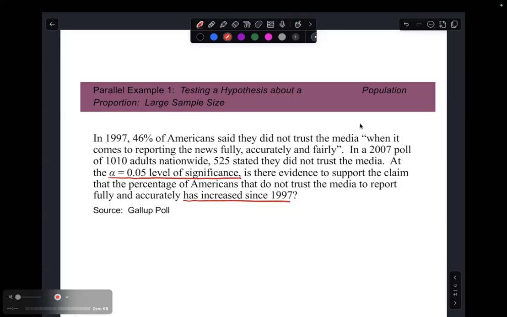Okay, so if I was doing this on a test, the first thing I would see is that this doesn't tell me it's a simple random sample. I would say a simple random sample not stated. That's what I would say, but it probably is.